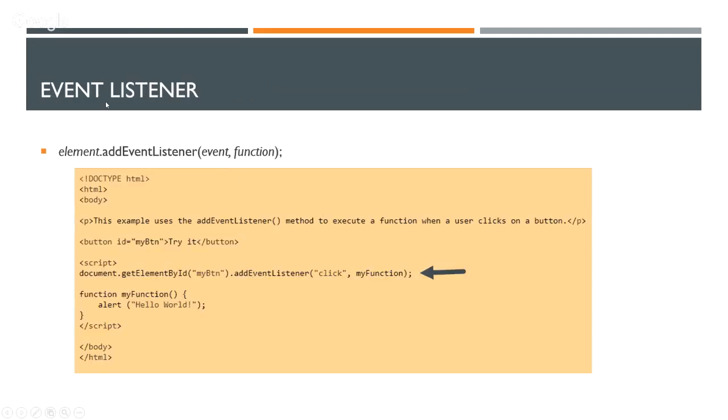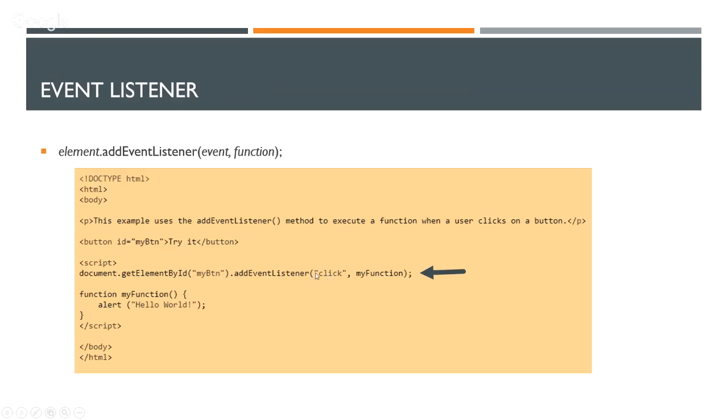It seems like most events are supported with onClick equals within the element tags, but there are some that need event listeners. You just put it in a script tag in your HTML right before the closing body tag, and then you get the element by ID that you're trying to put the event onto.